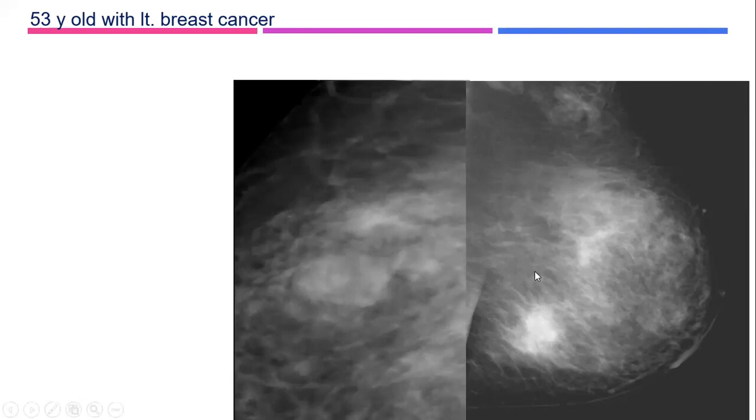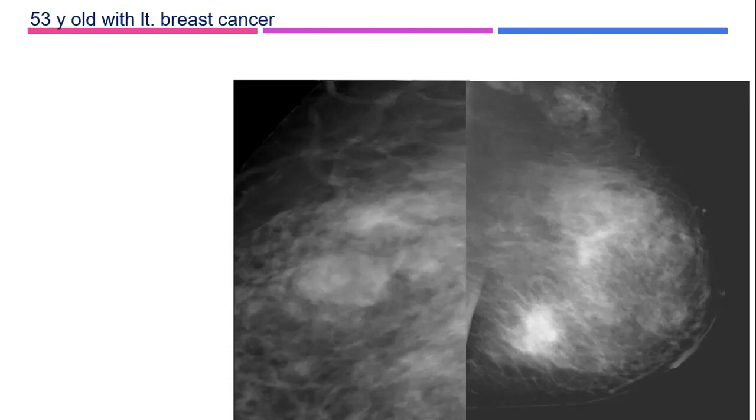Ultrasound demonstrates this is the spot for the right one. I can say there is a small area of indistinct margin, more anteriorly. And so the density now is heterogeneous.